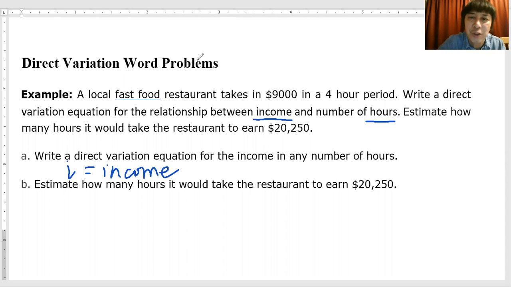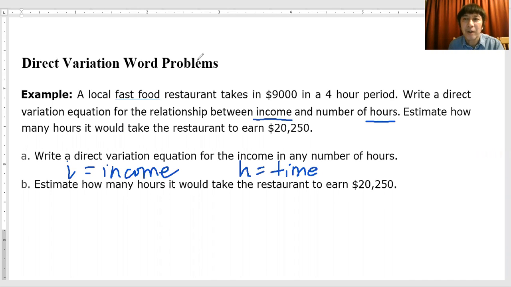Let's just use H, which stands for time in hours. So the constant of variation goes like this.